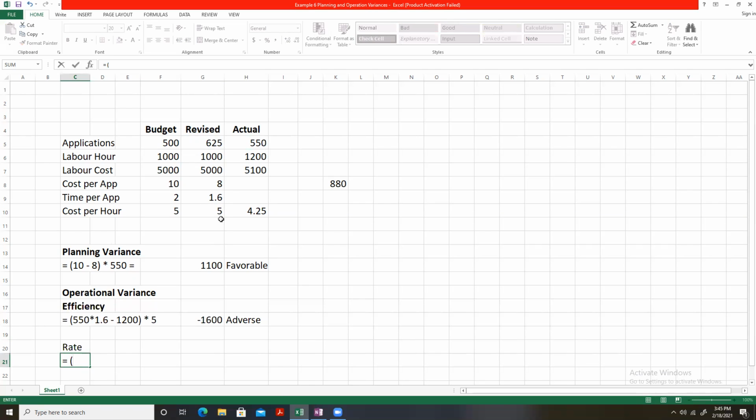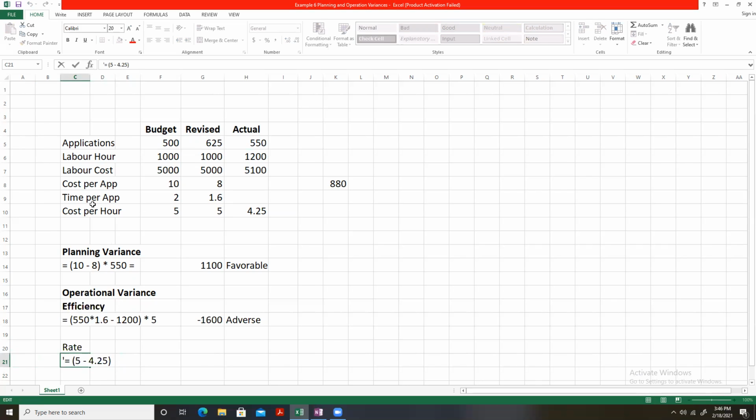The revised rate is $5, but the actual rate is $4.25.